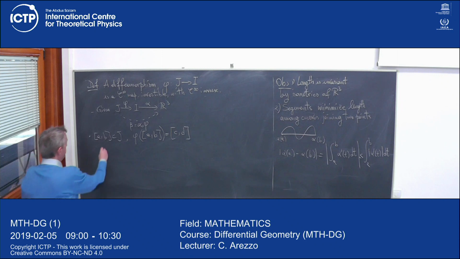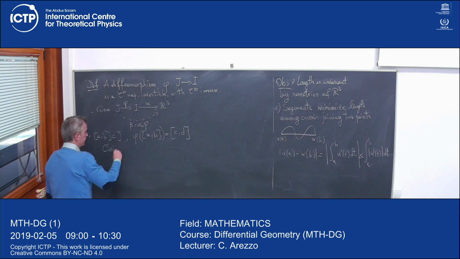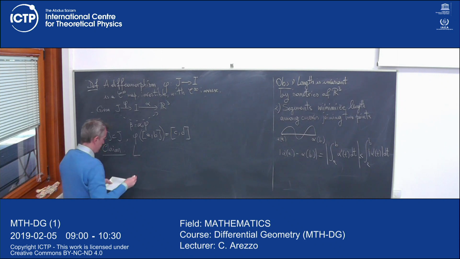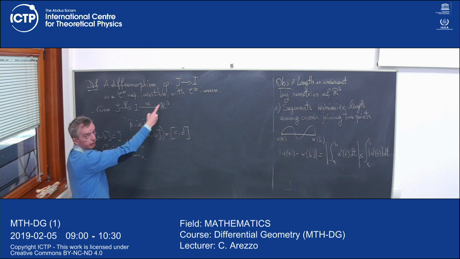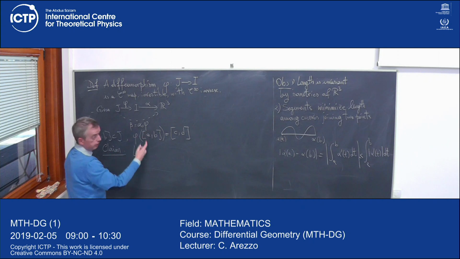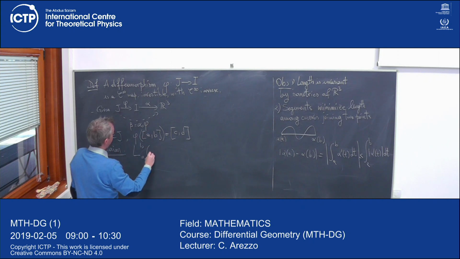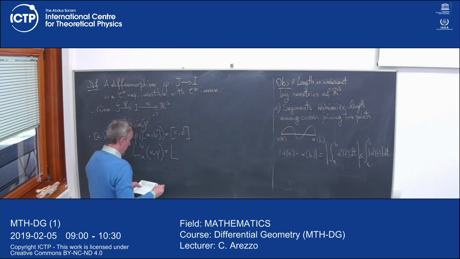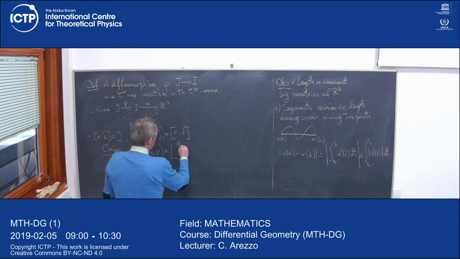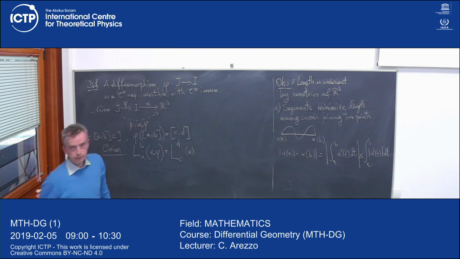So then the claim is that the length between A and B of beta, of alpha composed phi, just to be more explicit, is equal to the length between C and D of alpha. This is what I mean by the corresponding points.